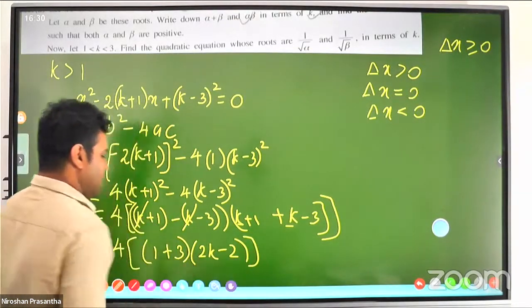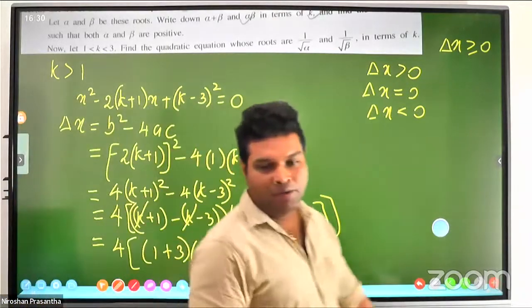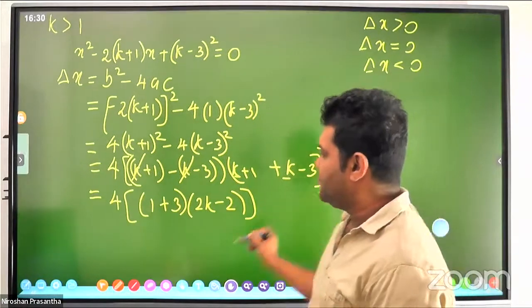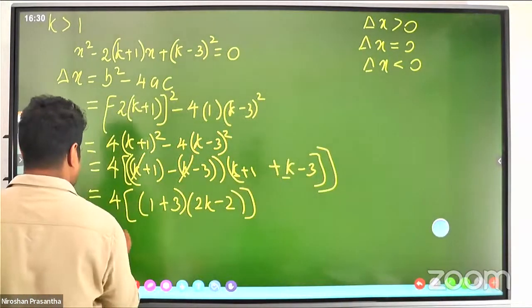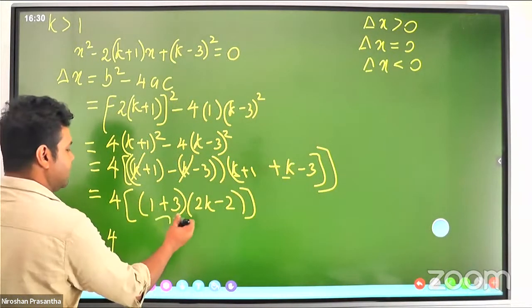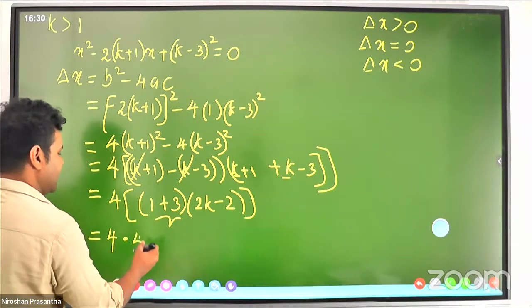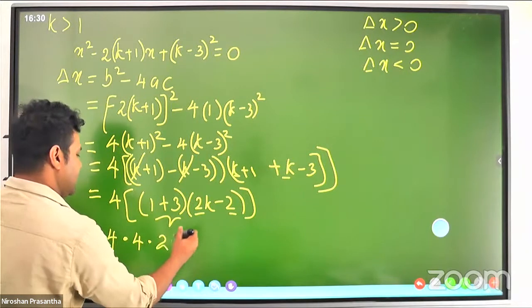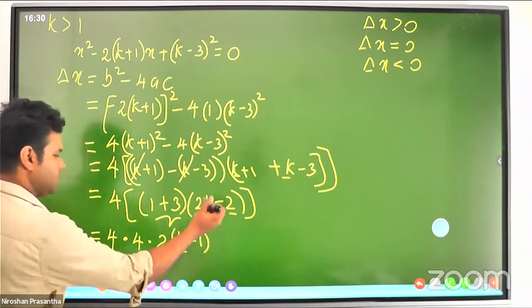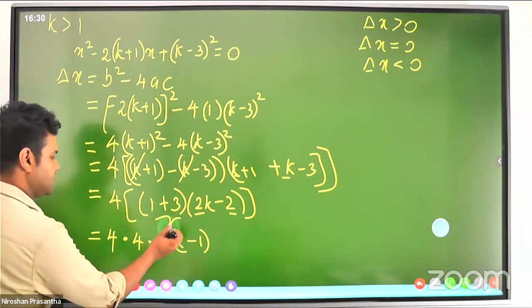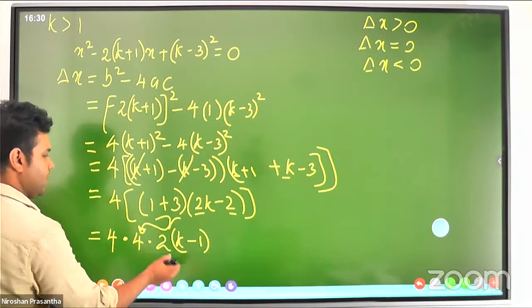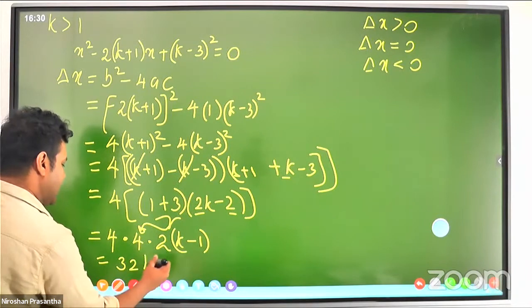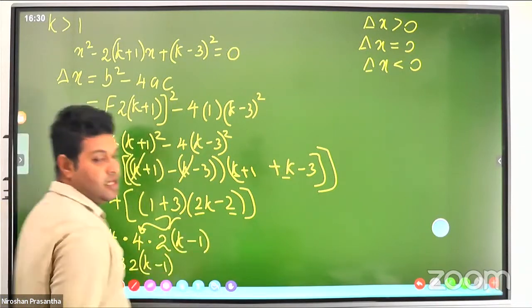Now what's your answer? There is a 4, and another 4, and you can further take 2 as a factor: 2(k − 1). So it's 32(k − 1).